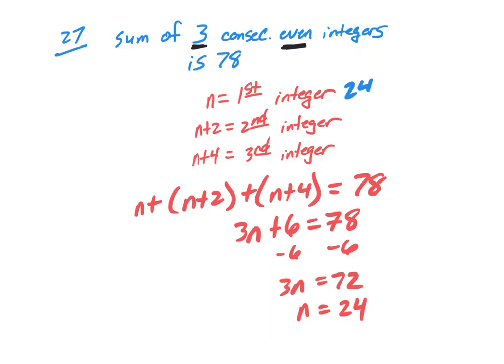So going back up here, 24 is the first even. My next even would be 26. And my third even would be 28. 3 consecutive evens, 24, 26, 28. If we add these 3 together, they better add up to be 78. So we've satisfied both conditions. 3 consecutive even integers, and they have to have a sum of 78.